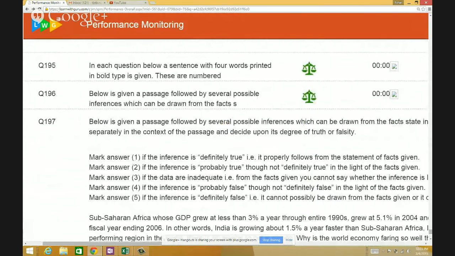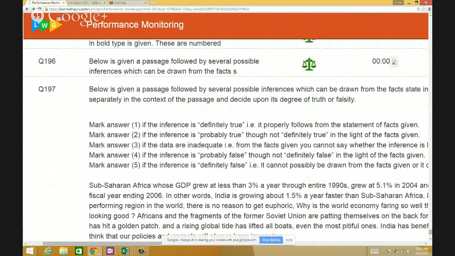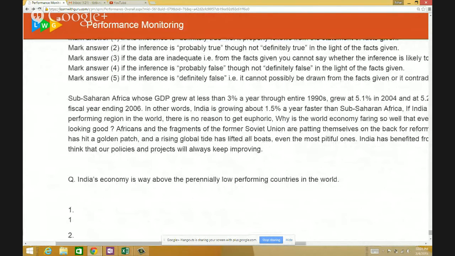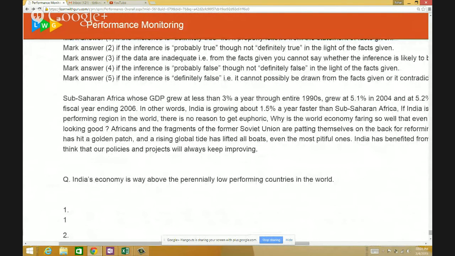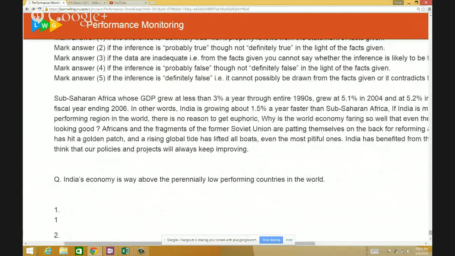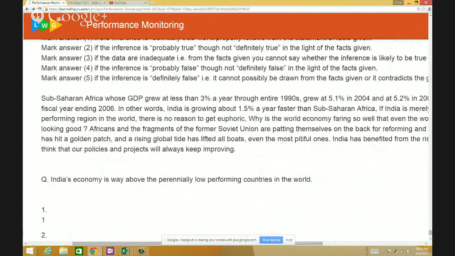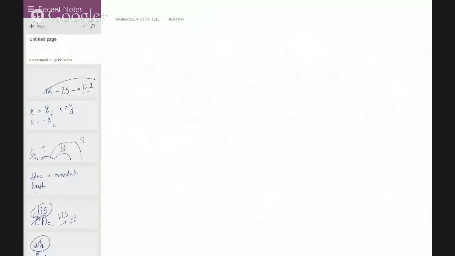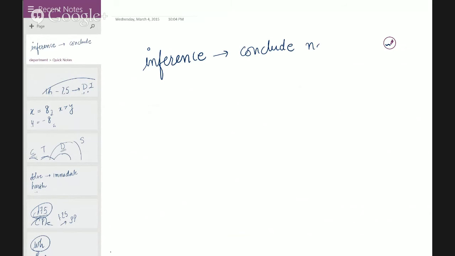So we have inferences: probably true, definitely true, probably false, definitely false, and stuff like that. Let's understand that. An inference is something that you conclude, but not definitely.